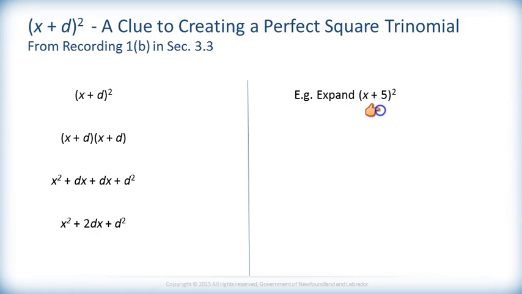And we expanded this one, for example. So we have x squared plus 2 times 5 times x plus 5 squared would be the expansion, because as indicated up here, the d value is 5. So we have x squared plus 10x plus 25. For more on that, you can see the recording for section 3.3.